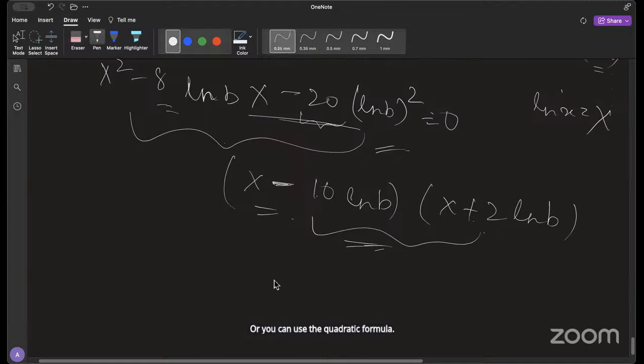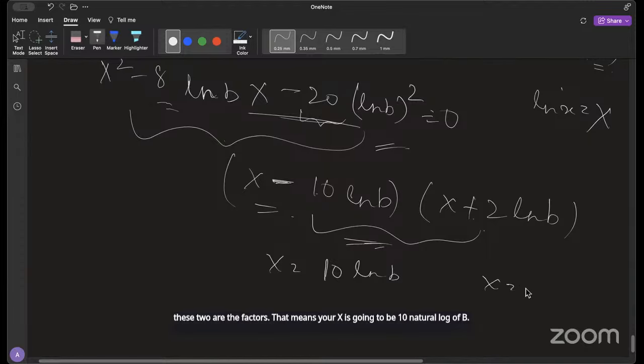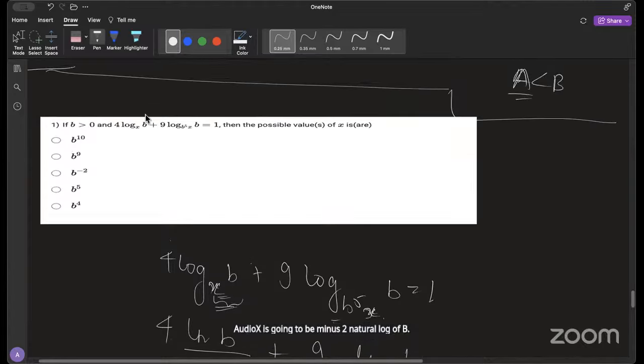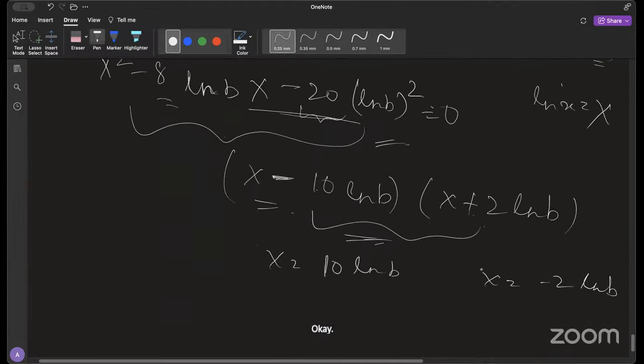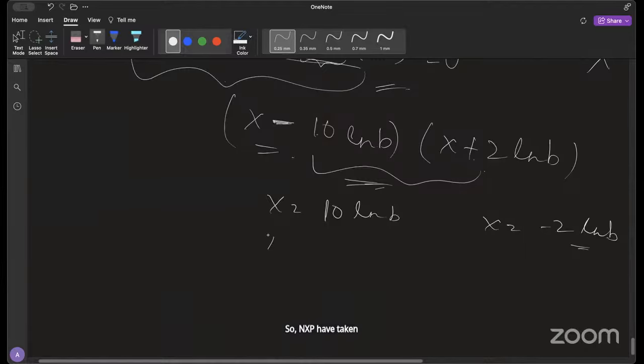So these two are the factors. That means your X is going to be 10 natural log of b, or your X is going to be minus 2 natural log of b. The b is greater than 0, as it should be. Here we have taken natural log of x. That means this is b to the power 10 and b to the power minus 2.